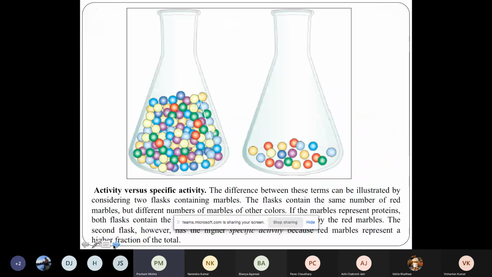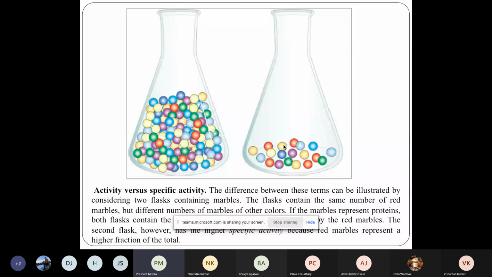Now, I'm going to give you a very simple example to explain how activity versus specific activity can be understood. You can see there is a difference between these terms. There are two flasks, flask number 1 and flask number 2, and both contain marbles of different colors.